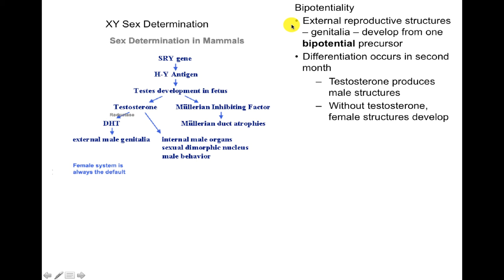In addition, the external reproductive structures, the genitals, develop from a single bipotential precursor. This precursor has the potential to support typical male development or typical female development. Differentiation doesn't occur until the 2nd month of development. Testosterone leads to the development of male structures, and without testosterone, female structures are going to develop.